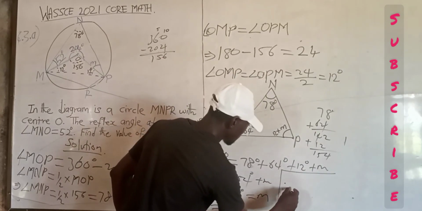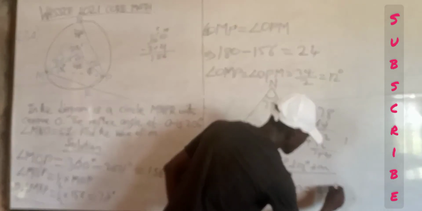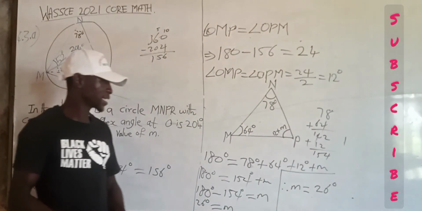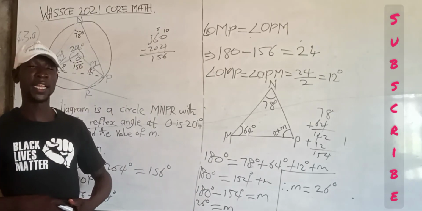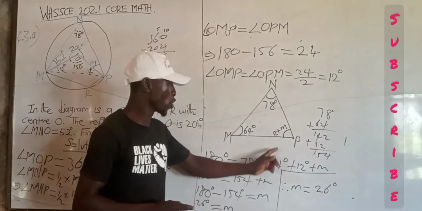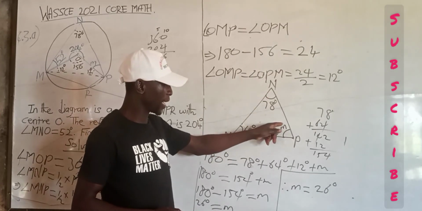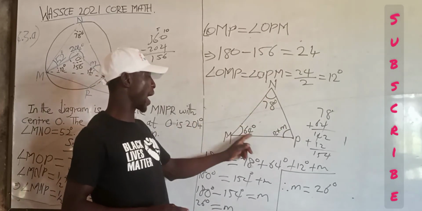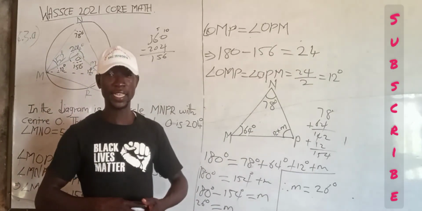This implies that M equals 26 degrees. Meaning, when you substitute the value of M here and sum all the angles in the triangle, you get 180 degrees.